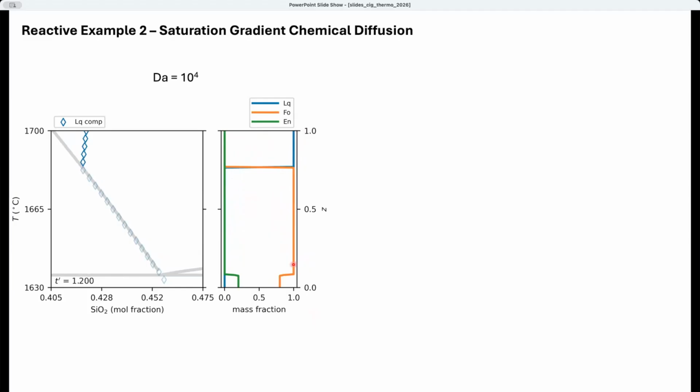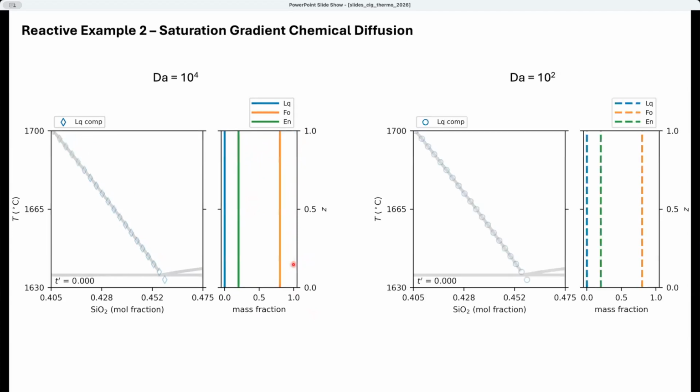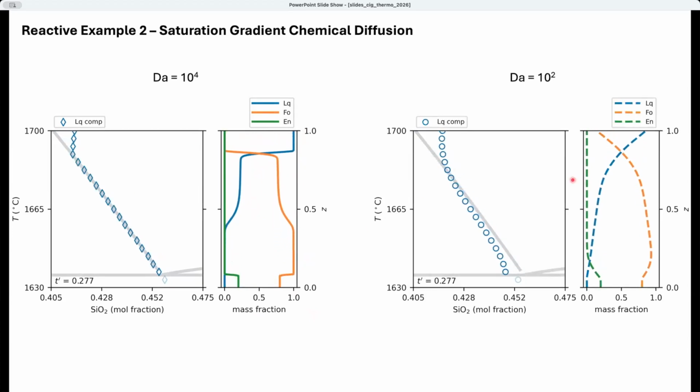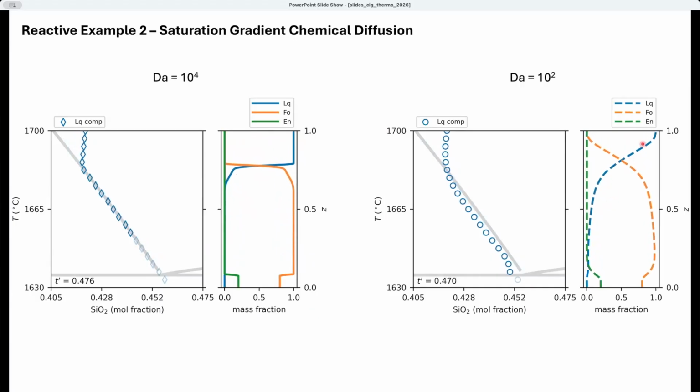And just like in Mitchell's example, we have a Damkohler number that's controlling the relative rate here of reaction to diffusive transport. And if we modify that and run those simulations again, what you can see is that that is controlling how diffuse or how smeared out these reaction fronts are between these phases.